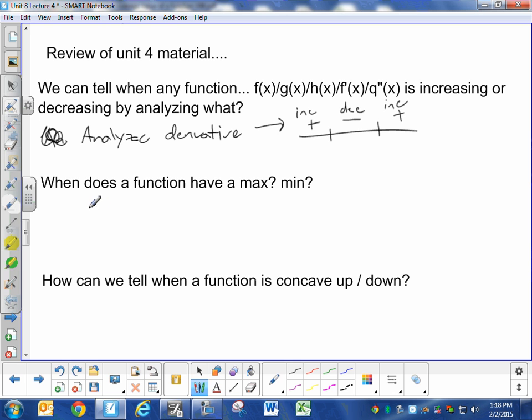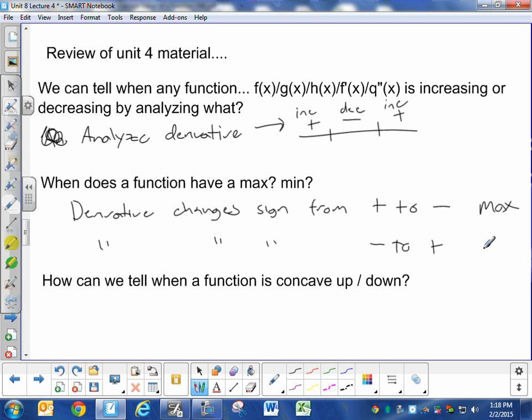A max is when the derivative changes sign from positive to negative. A min occurs when a derivative changes sign from negative to positive. That'd be the location of a min. This is all stuff from Unit 4, just reminding you of it because we're going to be using it again.